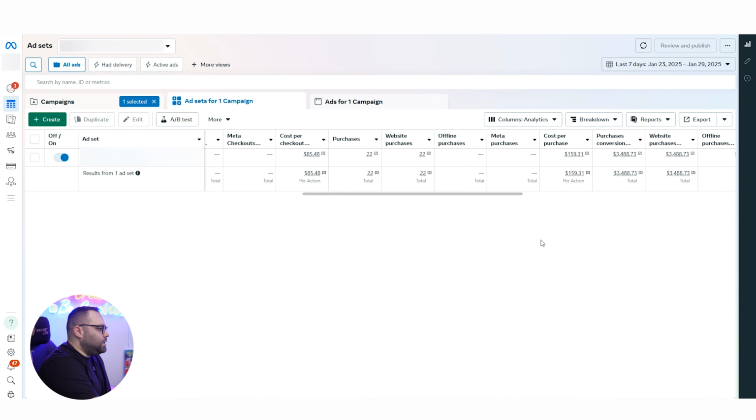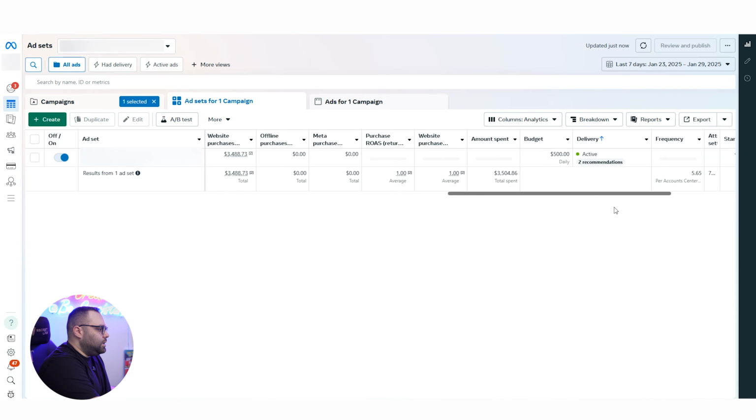Now, if we come here on this one, we will see that it says active. That means that after so much period of time, it passed the learning phase. This is what I'm telling you, that sometimes they pass the learning phase. That's why you see that I'm not so fixated with the idea of all of this learning phase thing. So here it says active, it doesn't say learning limited, it doesn't say anything, so it passed.